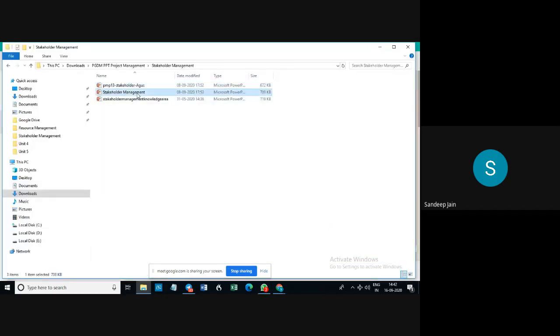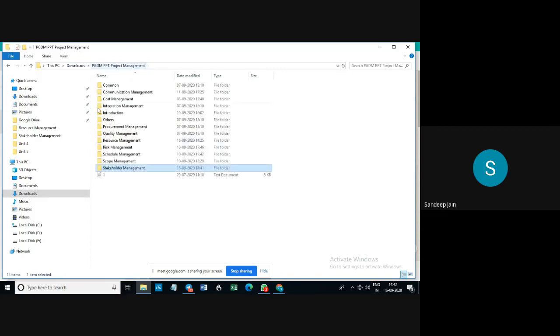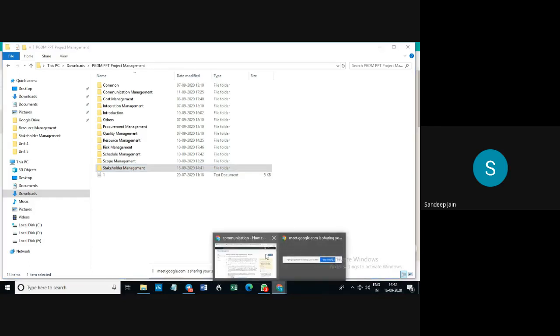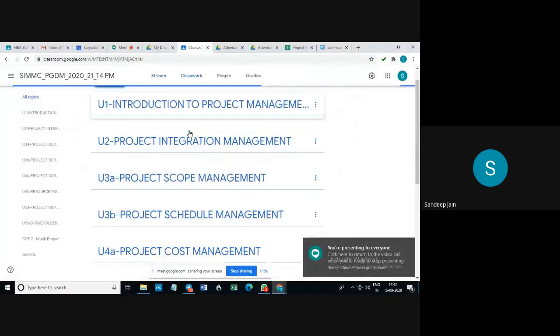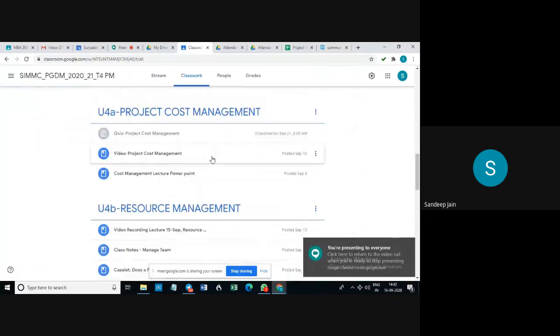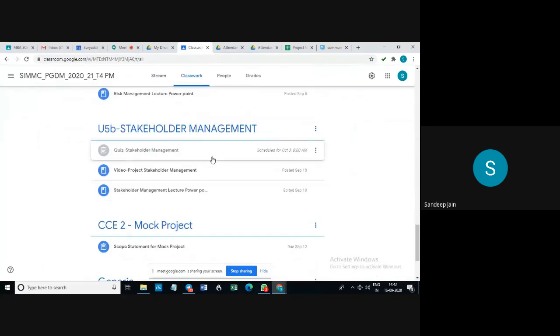So we can start with stakeholder management, but before that, let me confirm from the syllabus. Just a second, I'm connecting my hard drive here. Yeah, stakeholder is there. Yes.